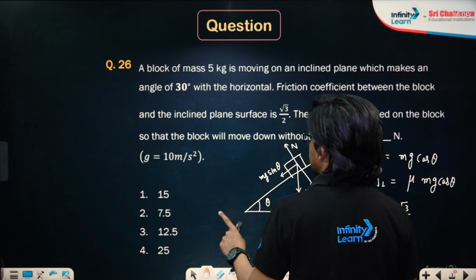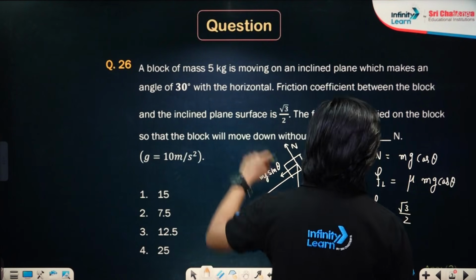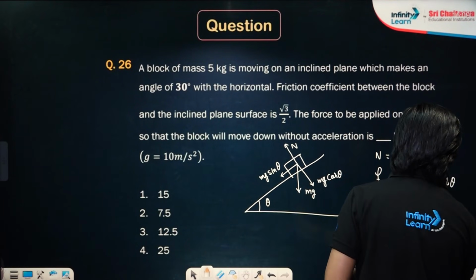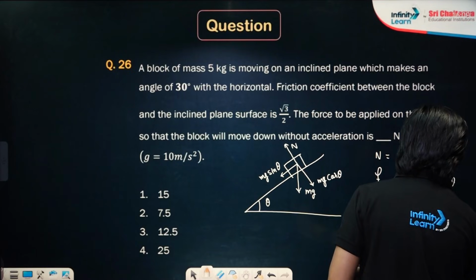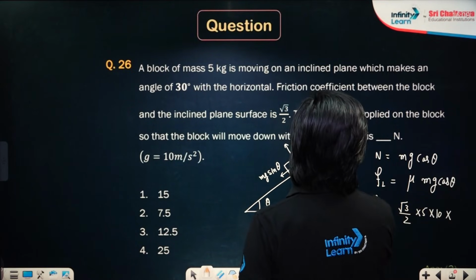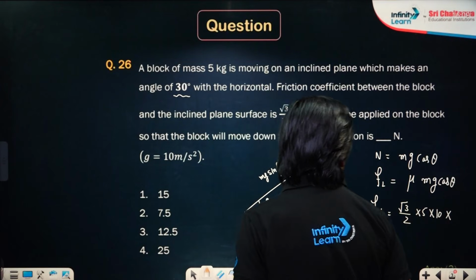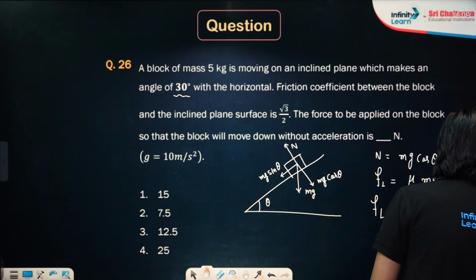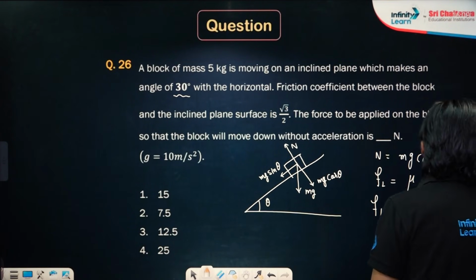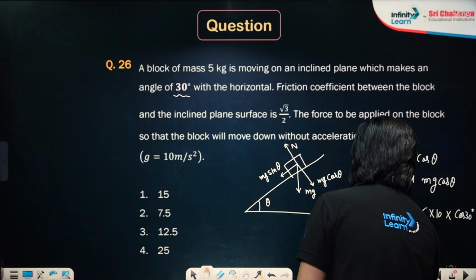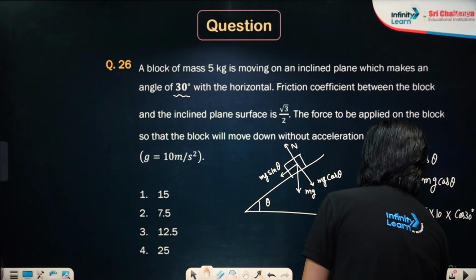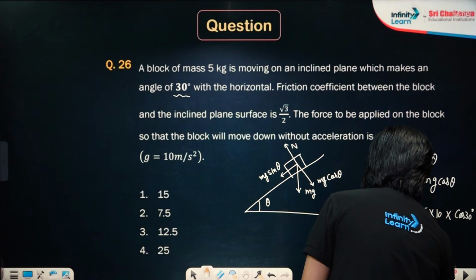So you can write this limiting friction as square root of 3 by 2 times the mass, which is 5 kilogram, times g, that is 10, times cos theta. The angle of inclination is 30 degrees, given to us, so you can write cos of 30 degrees. So this limiting friction is equal to square root of 3 by 2 into square root of 3 by 2 into 5 into 10.